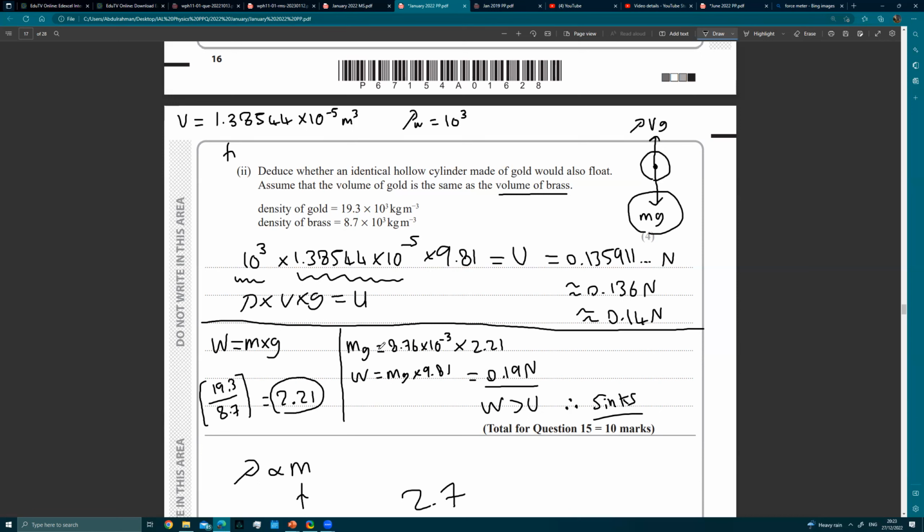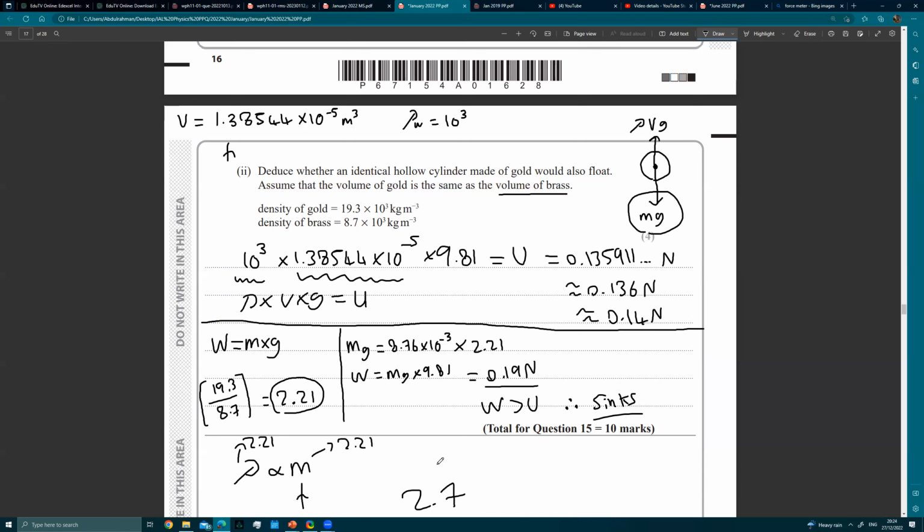So if the mass of the brass is 8.76, that means the mass of the gold is 8.76 times 2.21, because density is proportional to the mass. If the density increased by 2.21, the mass must have also increased by a factor of 2.21. Okay. Yeah, I understand. Thank you.